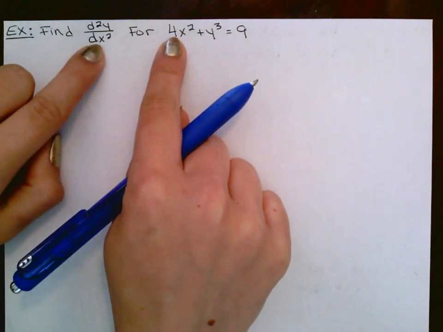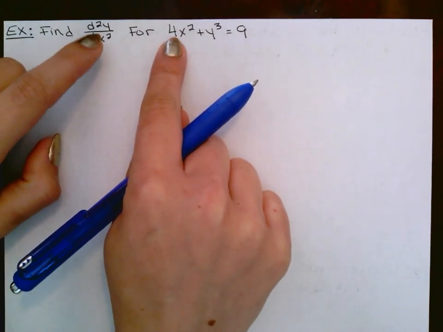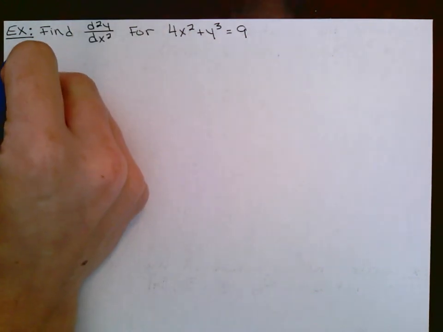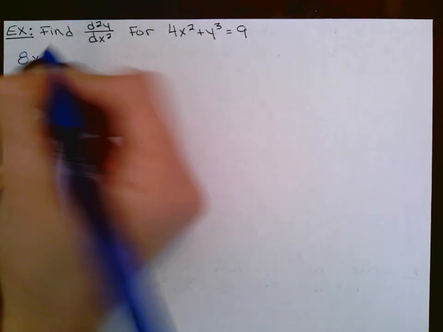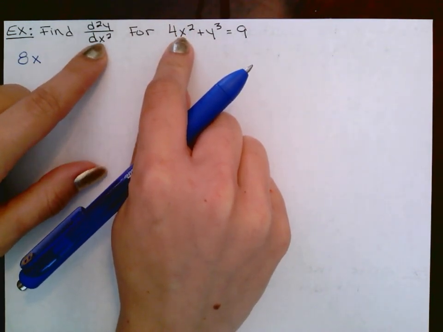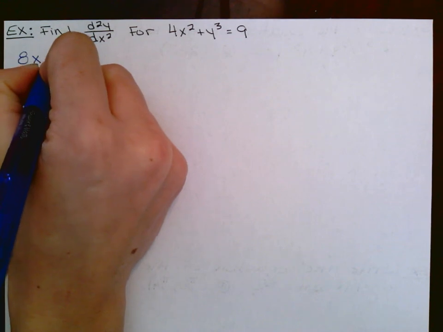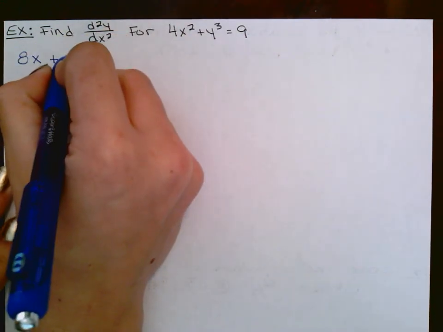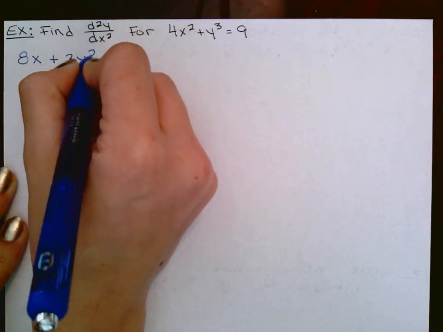And you can see by the denominator that it is with respect to x. So the derivative of the first is going to be 8x to the first power. They're the same variable, so I do not have to do implicit, plus my second term, derivative of y cubed, 3y squared.